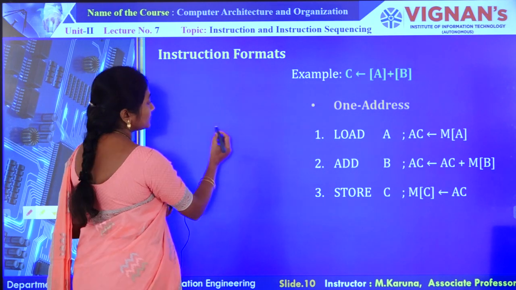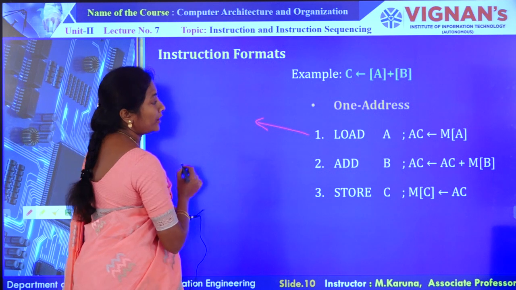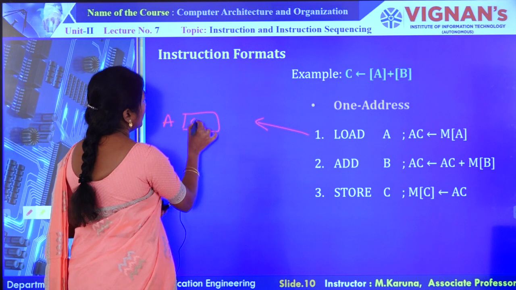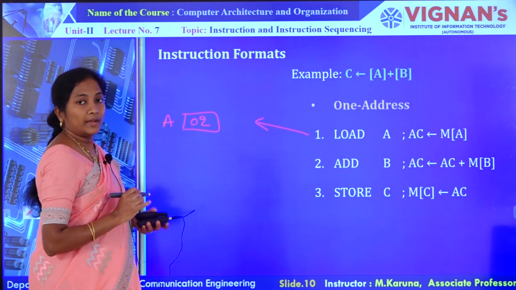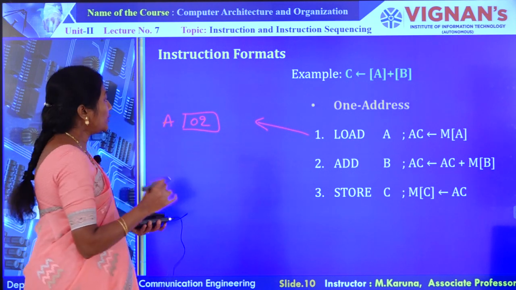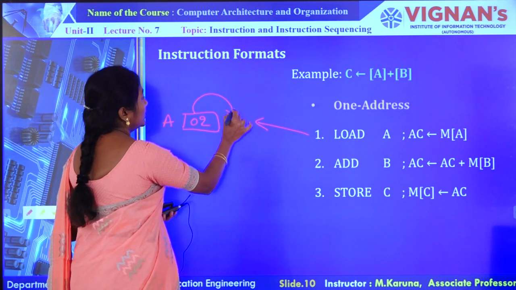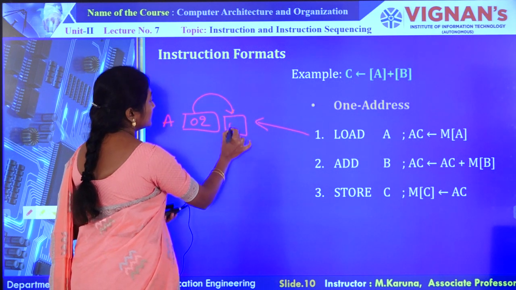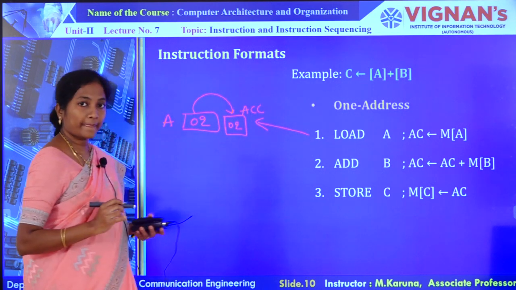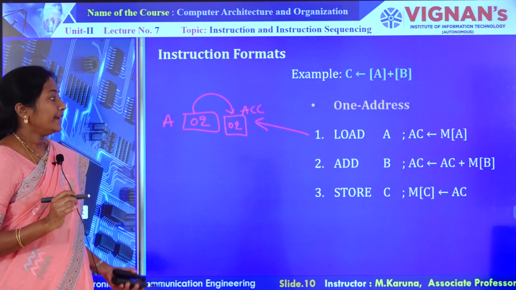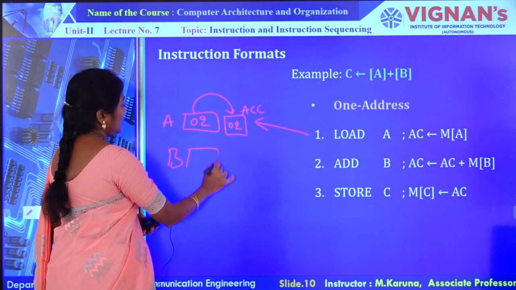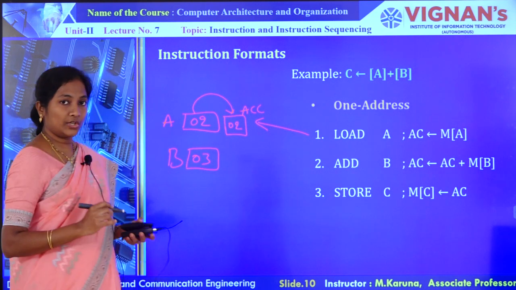Okay. So, let us see. Load A performs the transfer: memory location A contains the data 02, which will be transferred to the accumulator. Now, add B. B contains 03.